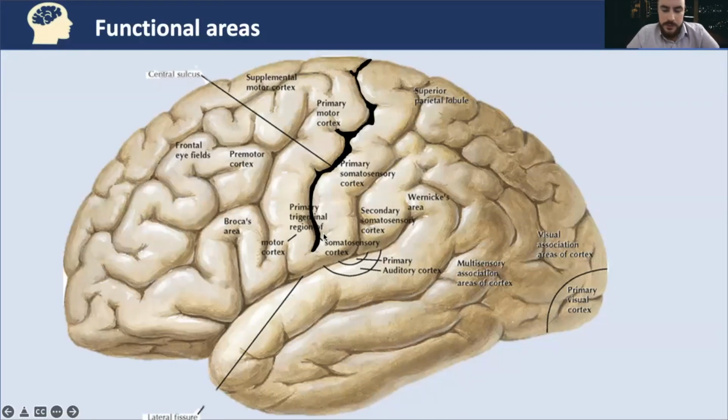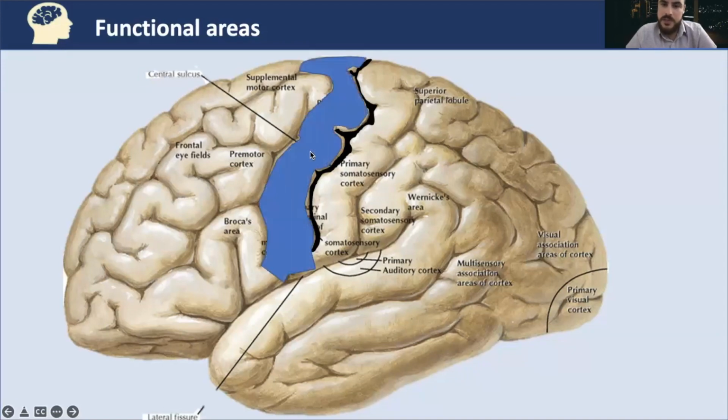One more thing I want you to know now is the central sulcus usually doesn't continue to open into the Sylvian fissure. So it's not a blind end into the Sylvian fissure. It has this gyral bridge. This is the primary motor cortex, which is called the precentral gyrus, and behind the central sulcus, we have the postcentral gyrus, which is mainly somatosensory cortex.